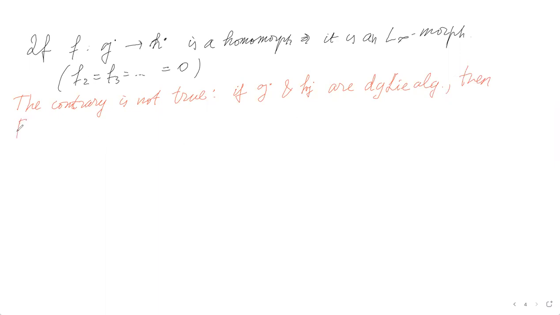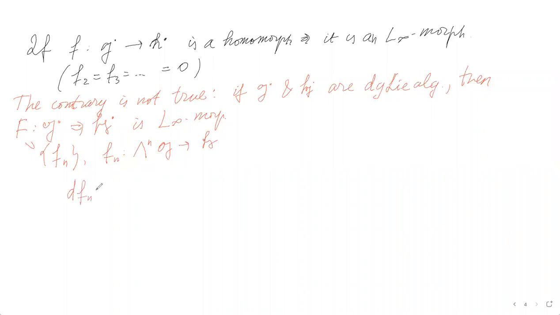So this F capital, a map from G dot into H dot, L infinity, is given by a set of maps Fn, a map from lambda n of G into H, and the following conditions should be verified.